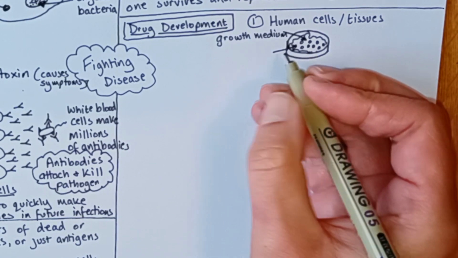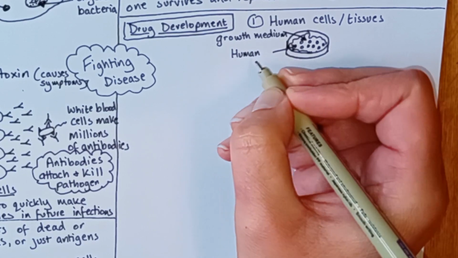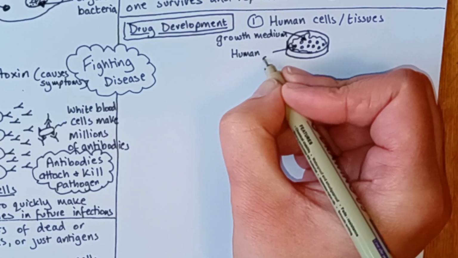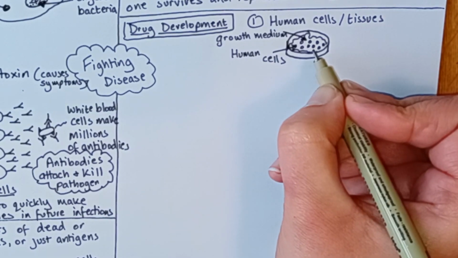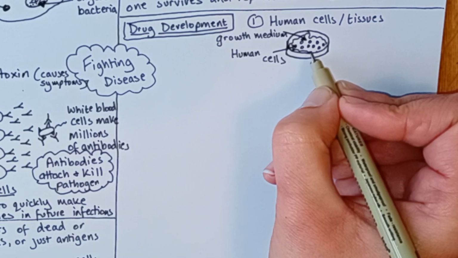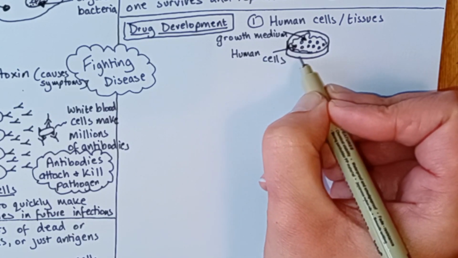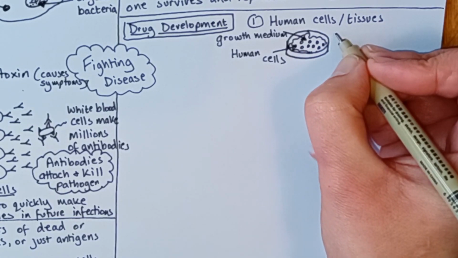You need them to survive. So you need your human cells, whatever it is you're interested in. So we get some cells either from a patient or from some cancer cells that we buy in. We put them in a petri dish and then we add the drug.